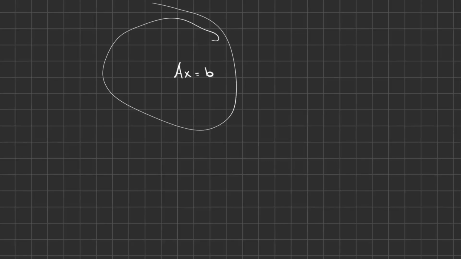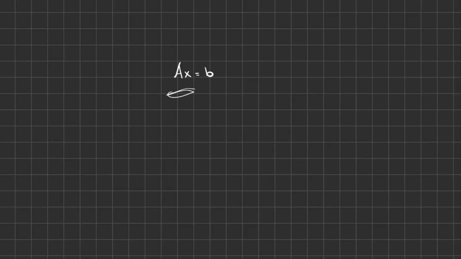We want to deal with this the whole time, and sometimes we might want to just solve for x, sometimes we might want to find b, sometimes we're given both, sometimes we're only given b. There's a bunch of different cases, and as we'll find out later, depending on what kind of matrix A you have, it can be very easy or very difficult to solve this equation.